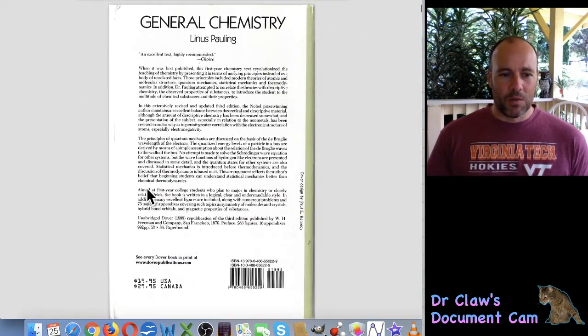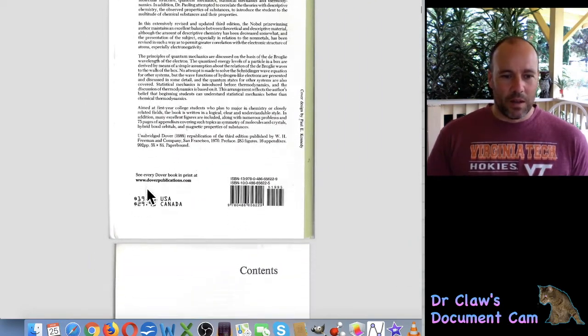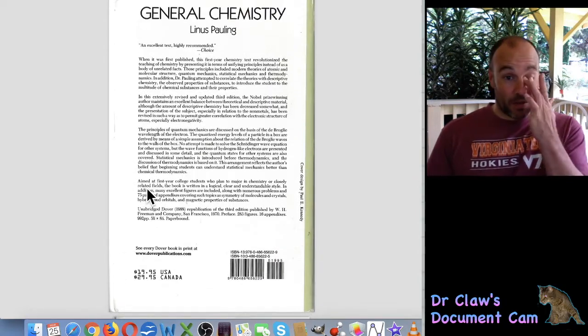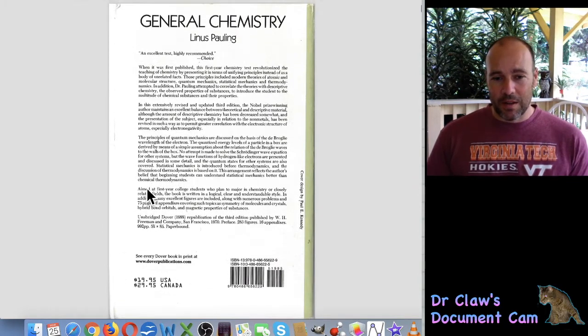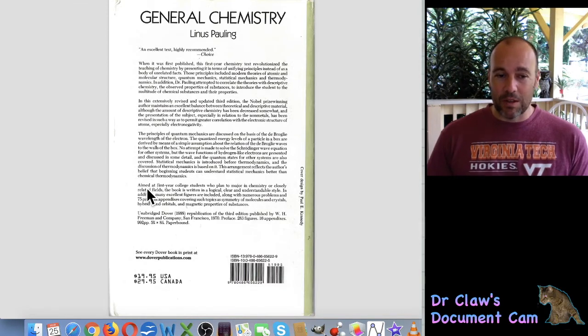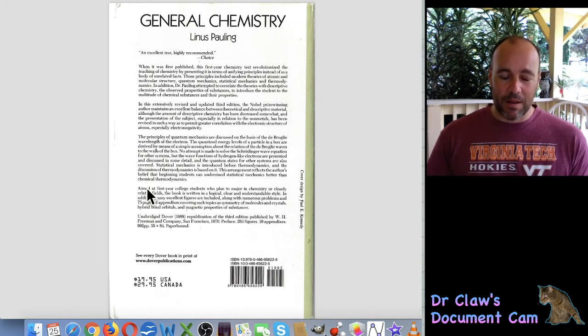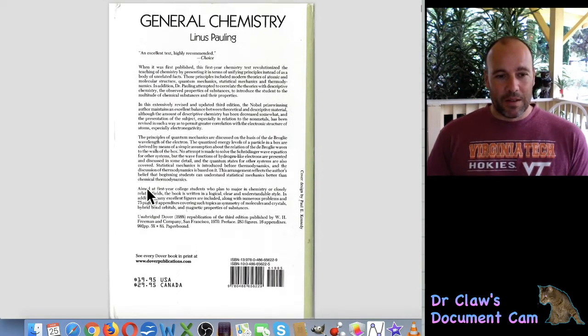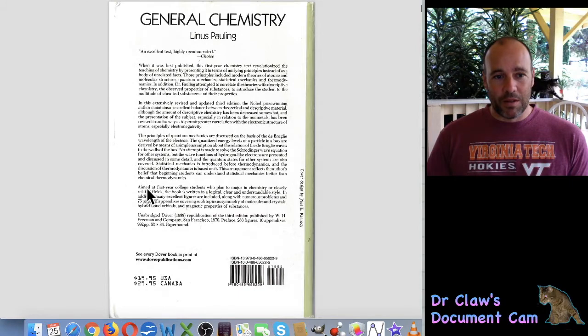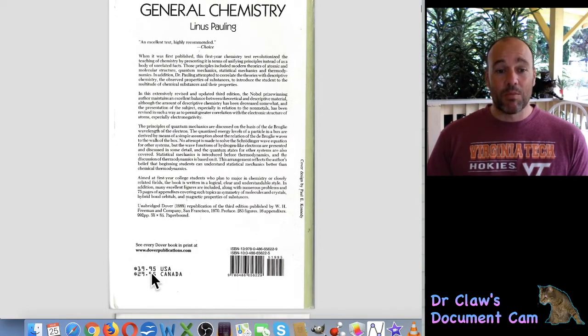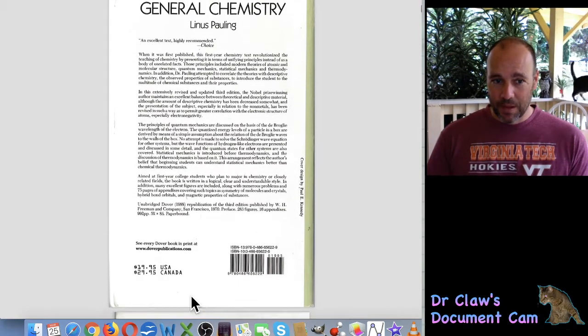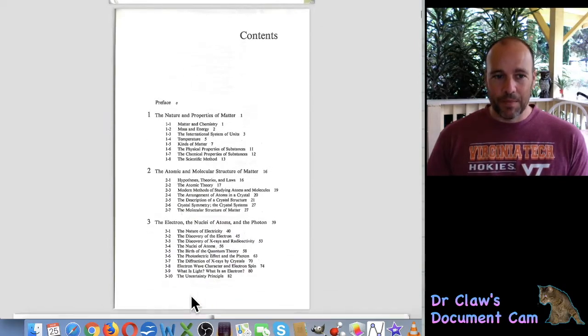So this is a good one, and there are many other Dover textbooks you should have. If you're studying linear algebra, I would get Shilov's linear algebra. There are some really good ones for great prices. Okay, so get a copy.